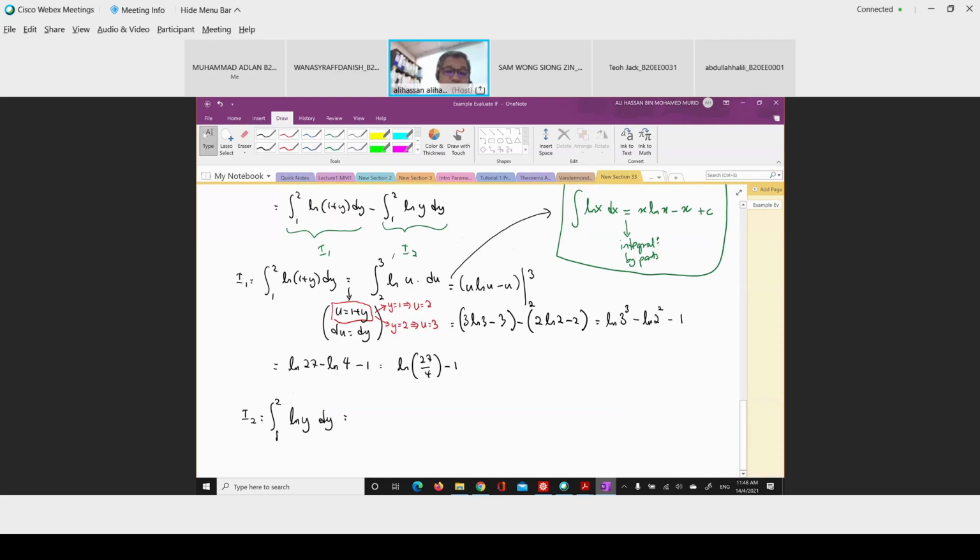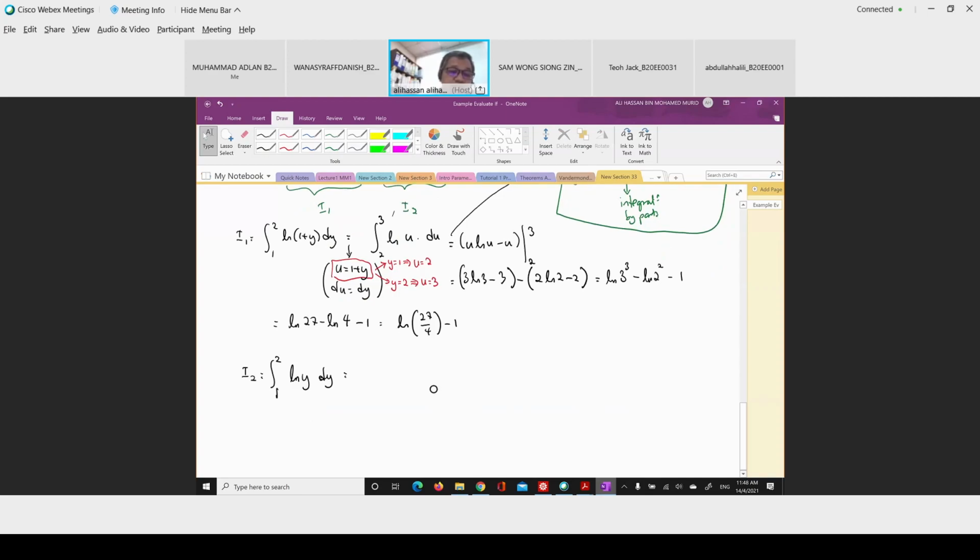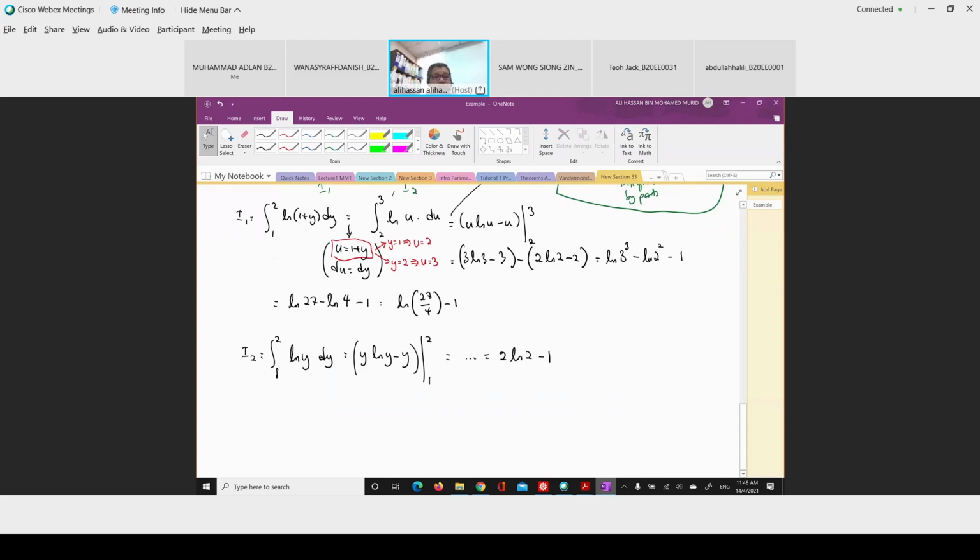So using the formula for the integral of ln x, this is y ln y minus y, evaluated at 1 and 2. I leave it to you to show the details, that this is the same as 2 ln 2 minus 1.